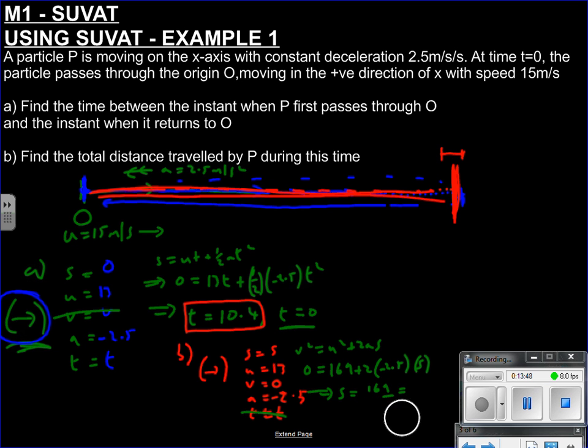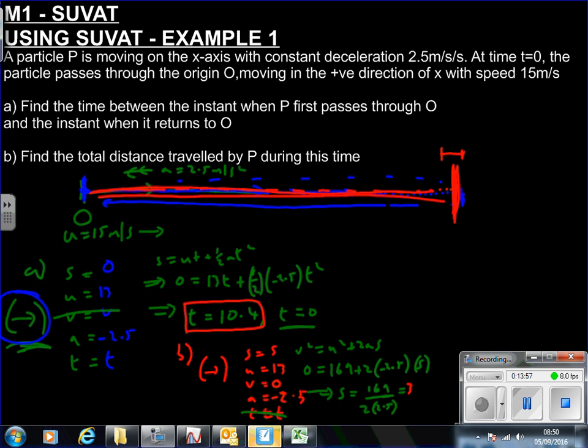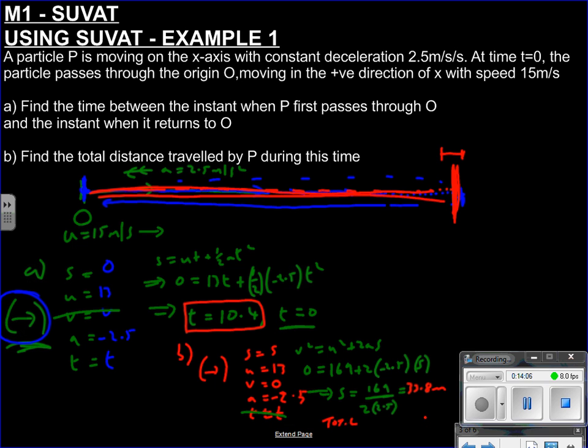And that whole thing is going to equal 33.8 meters. But remember, it's saying what's the total distance traveled. So we're going to put total distance equals 2 times 33.8, which is 67.6 meters. And we're done.